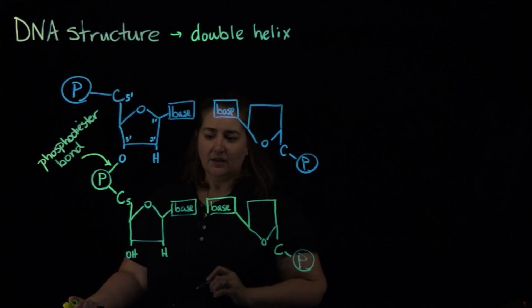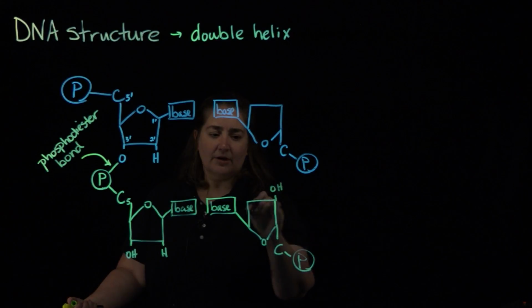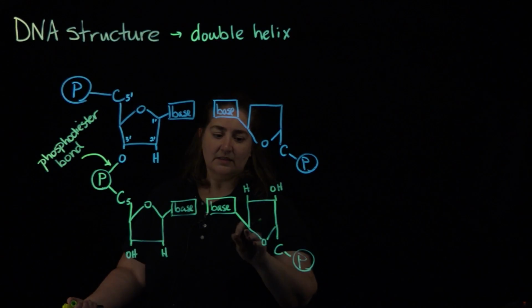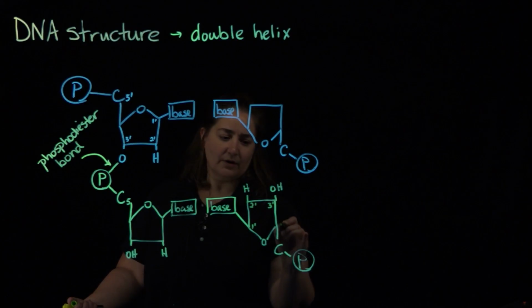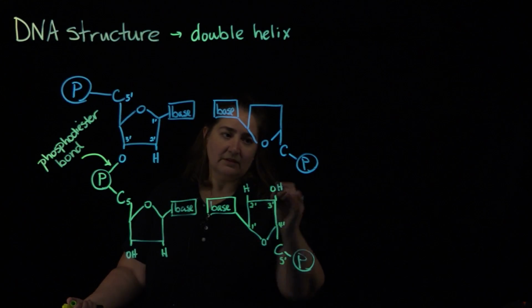We've got a phosphate here. We'd have our hydroxyl group here, our hydrogen here, because this is going to be our 1', 2', 3', 4', 5' carbon, okay?